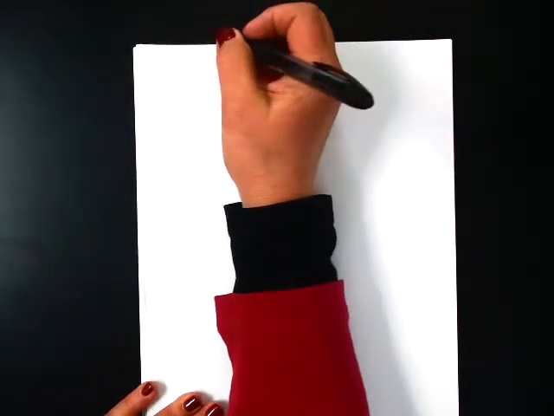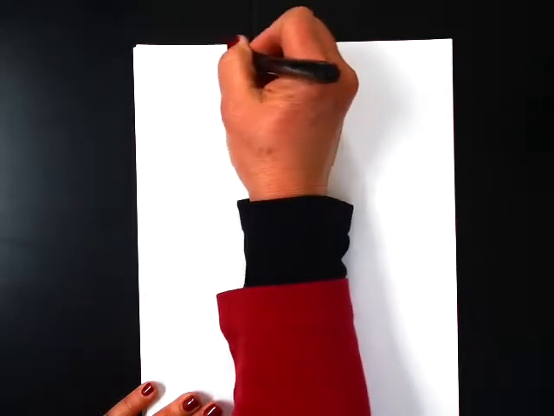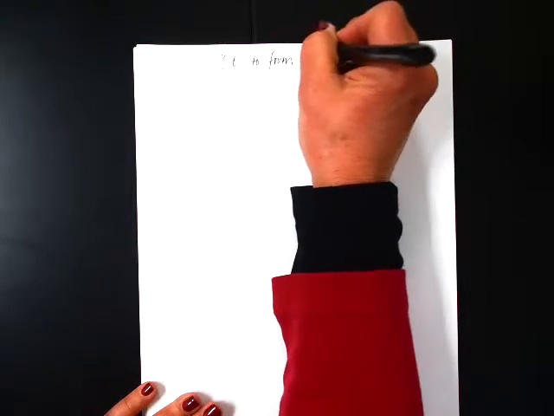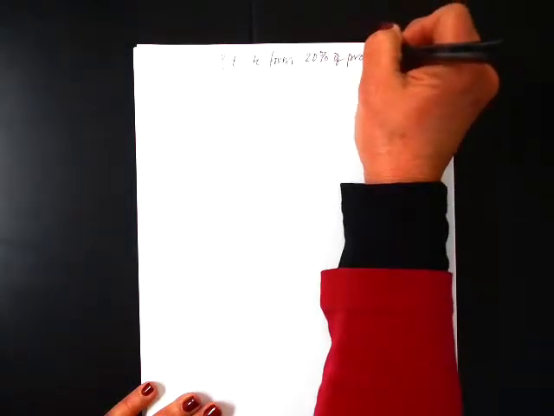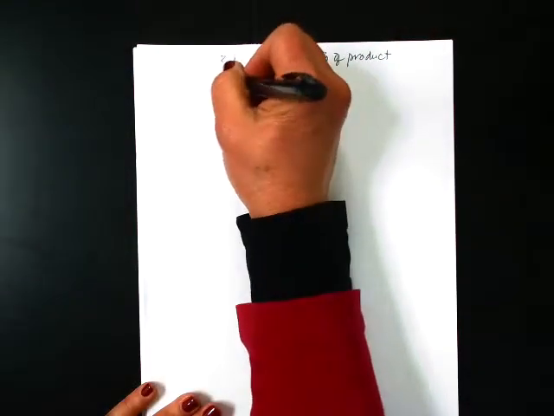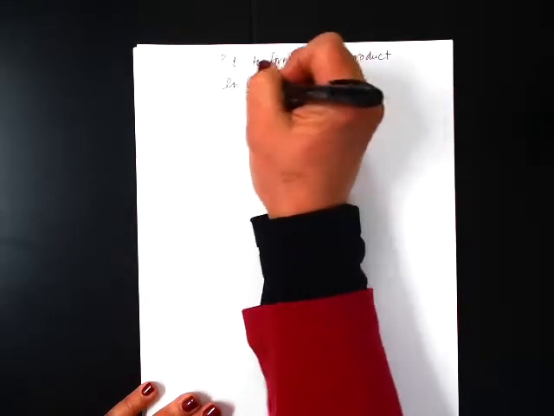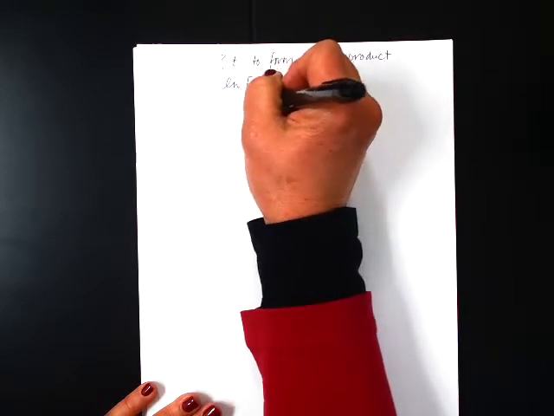What is the time to form 20% of product? For this, we need to use ln of A at time t divided by the concentration of A naught equals negative kt.